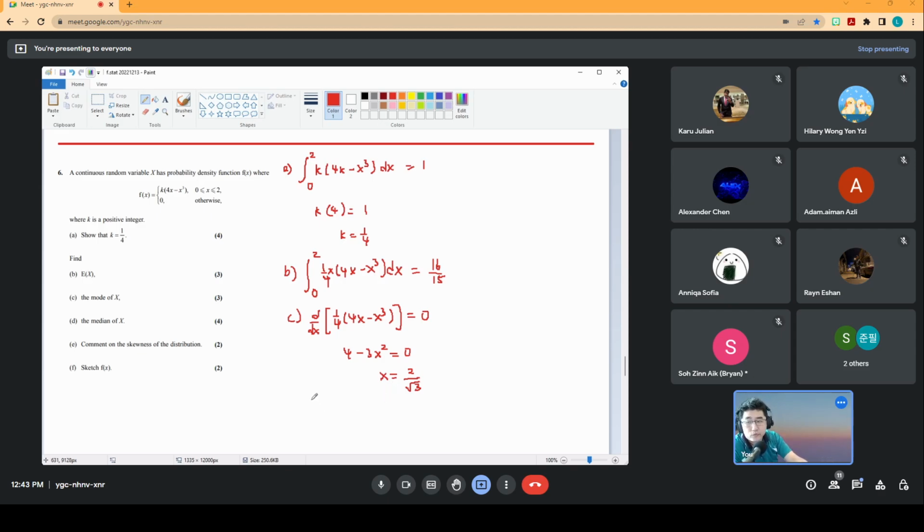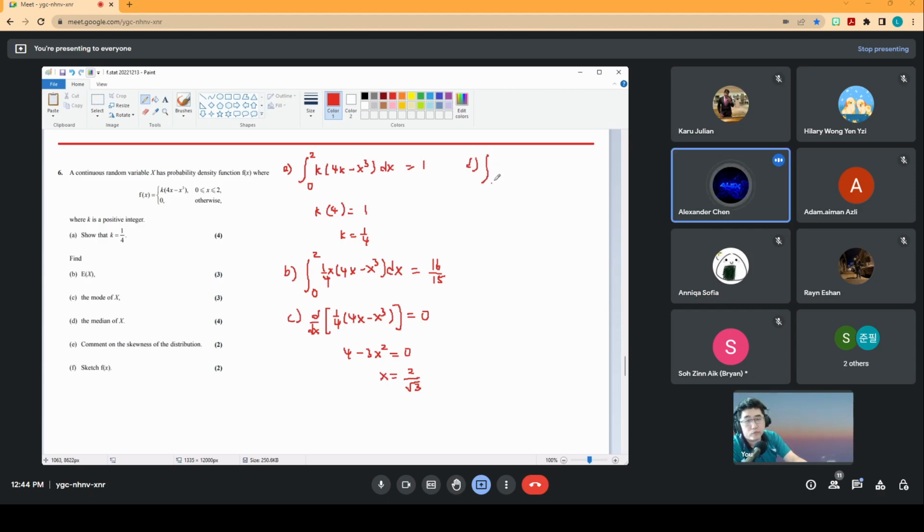Okay. So for D, what can we do? Can we convert it into a cumulative distribution function? Yes, you can. Or you can do it straight. We can just make the area equal to 1 over 2. How should I write my equation?